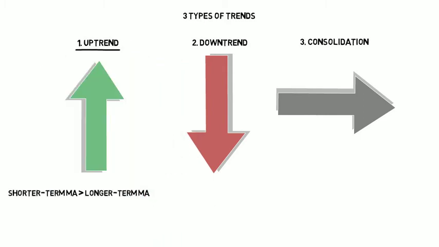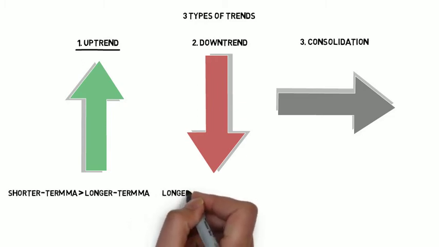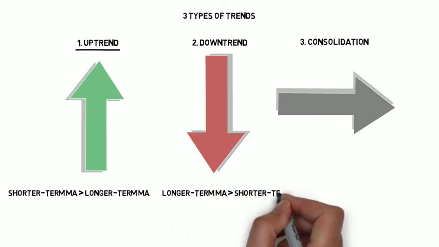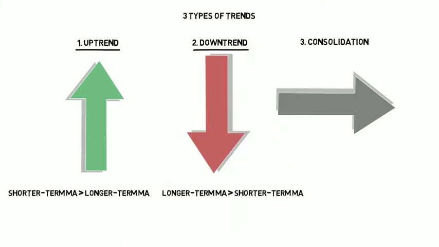For example, if you use the 8 and 20-day moving average, when the 8-day moving average is above the 20-day moving average, prices are on an uptrend. If the 20-day moving average is above the 8-day moving average, or the longer term moving average is above the shorter term moving average, prices are on a downtrend.